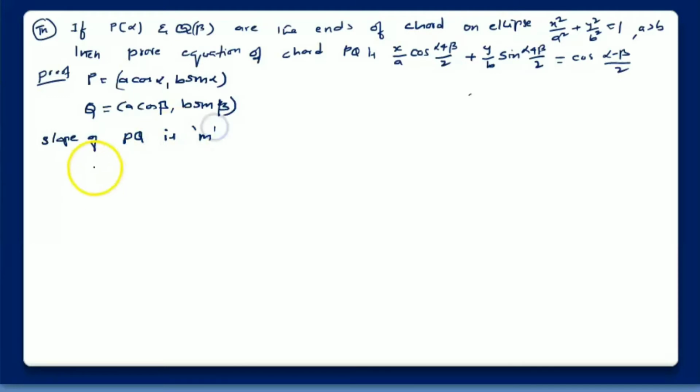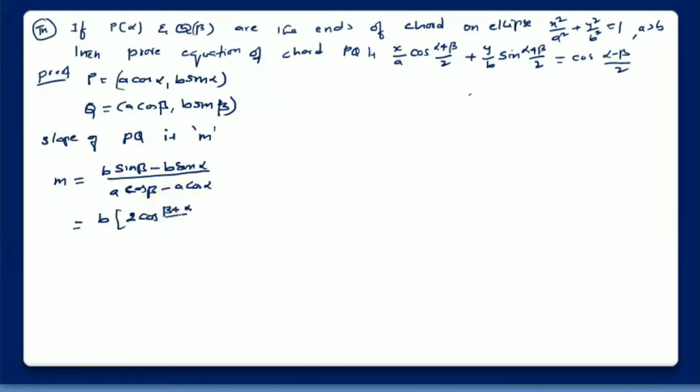m, say. Therefore m is equal to y2 minus y1, that is b sin beta minus b sin alpha, by x2 minus x1, a cos beta minus a cos alpha. So when you take b common in the numerator, sin beta minus sin alpha, that is sin C minus sin D, is 2 cos (beta plus alpha) by 2 sin (beta minus alpha) by 2.